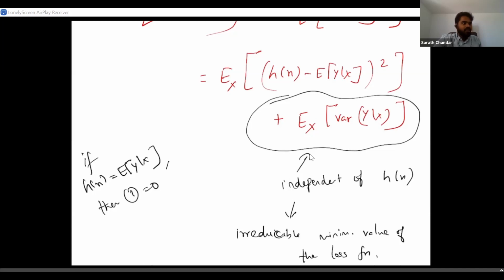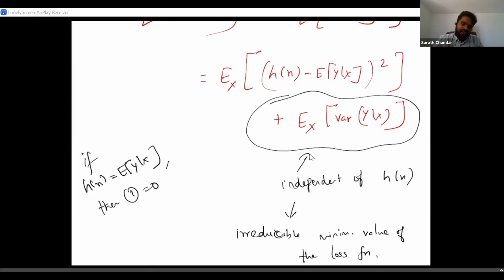Okay, any questions? If you did not follow the math, the summary here is we started with the expected prediction error and divided it into two terms. The first term will go to 0 when you have found the true function, which is E of y given x.